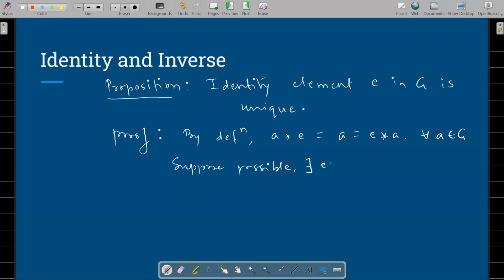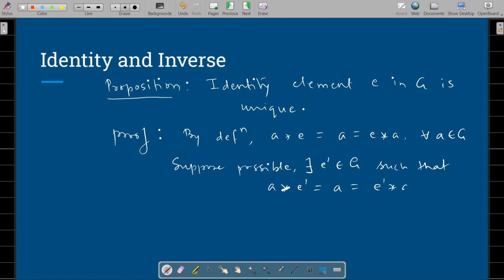I'll just say there is some E dash belonging to G. You can use any notation. There is some E dash belonging to G, which also works as identity, such that A star E dash is A and E dash star A is A.